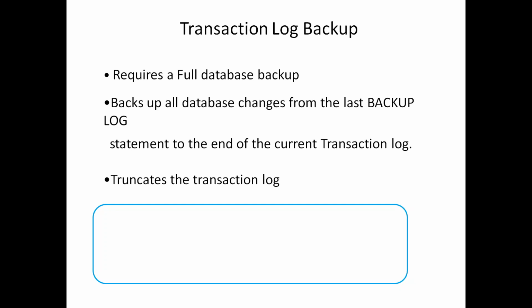If you think that your database is very critical and your business doesn't accept a data loss of more than 30 minutes, then you schedule your log backups to run for every 30 minutes, so that if something goes wrong, you can recover your database with a max of 30 minutes data loss. So depending upon the database criticality, we choose the backup strategy.